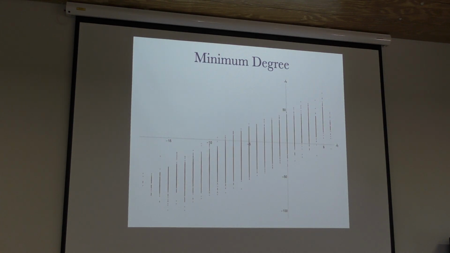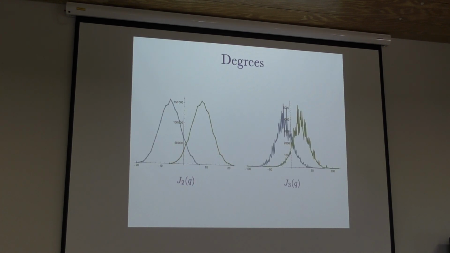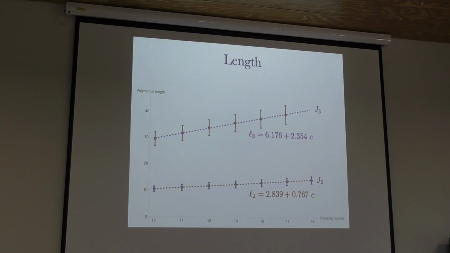And then I can plot the minimum degree of the Jones polynomial against the minimum degree of the colored Jones polynomial, and I get some roughly linear relationship. Similarly with maximum degree. And I can plot the minimum degree and the maximum degree of the Jones polynomials. These are roughly Gaussian shaped. So there's some structure in these polynomials.